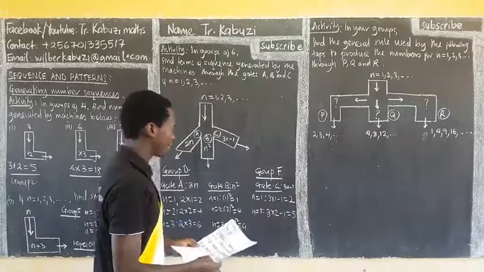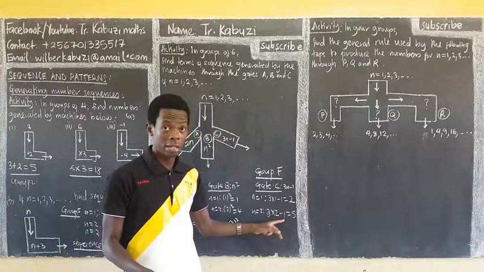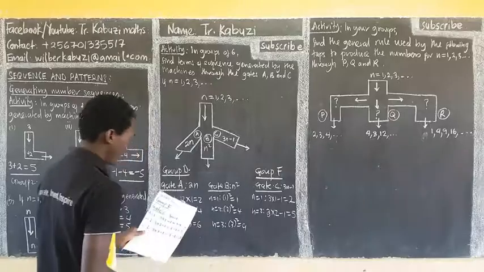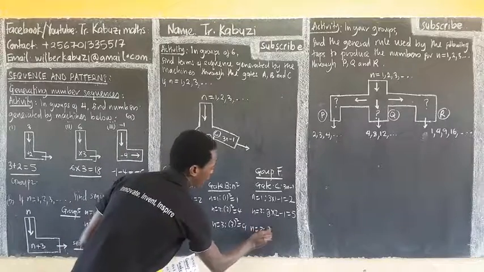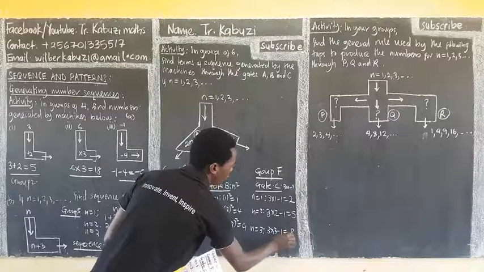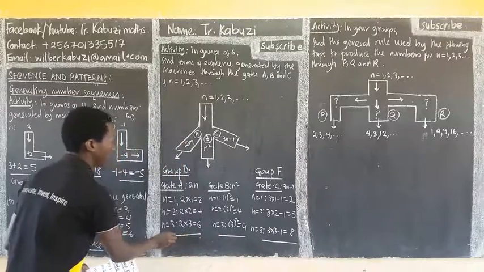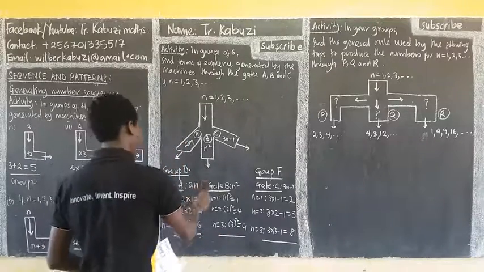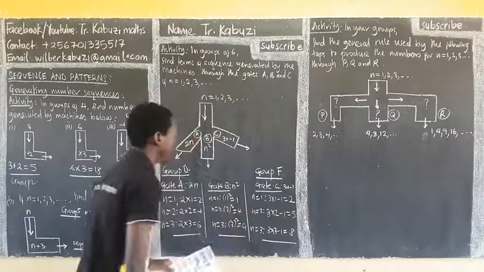We use BODMAS. BODMAS says we first multiply, then we subtract. Okay, when n is 3, they got 3 times 3 minus 1, which gave them 8. So those were the terms of the sequence there. So that's how we are supposed to handle that.